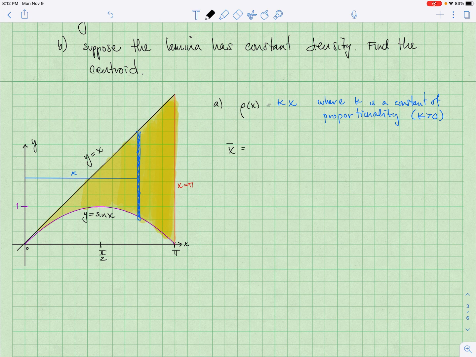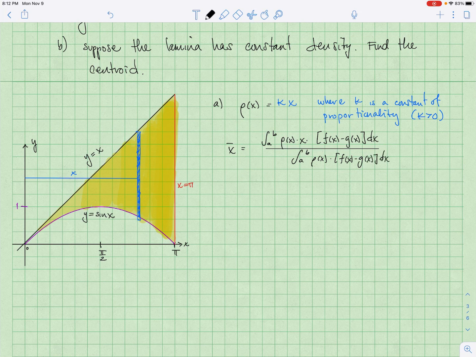X bar is equal to the integral from a to b of the density function times x times the upper curve minus the lower curve dx divided by the integral from a to b of the density times the upper curve minus the lower curve.